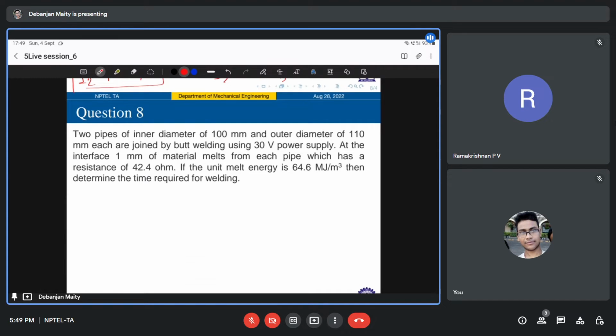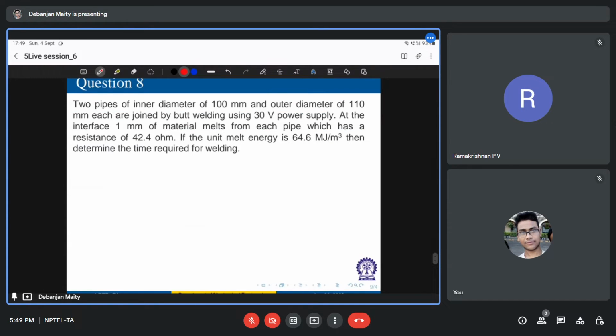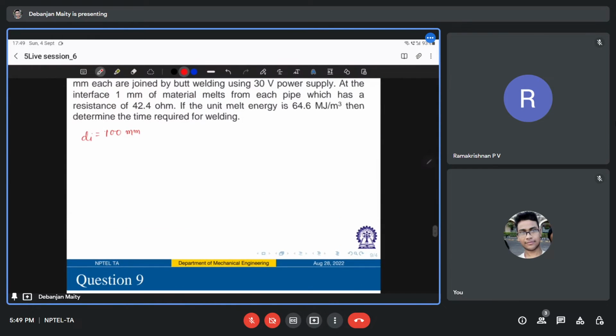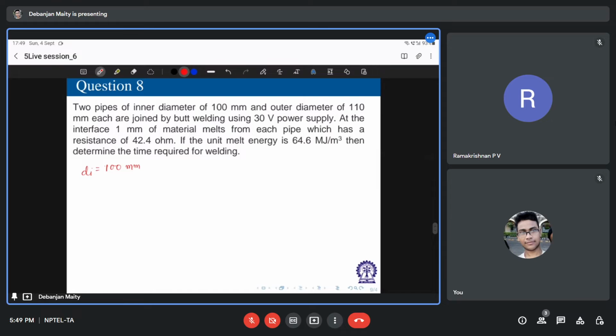So what values are given? Let us compile that first. Inner dia is given as 100 mm.